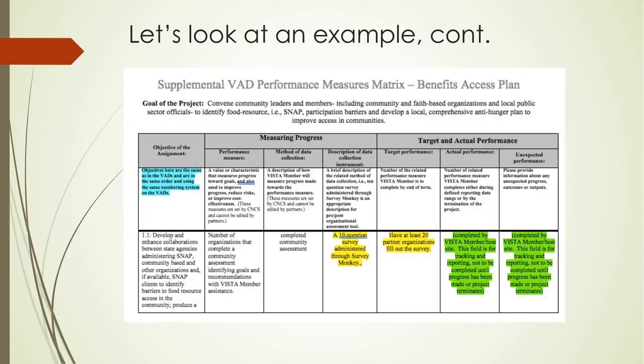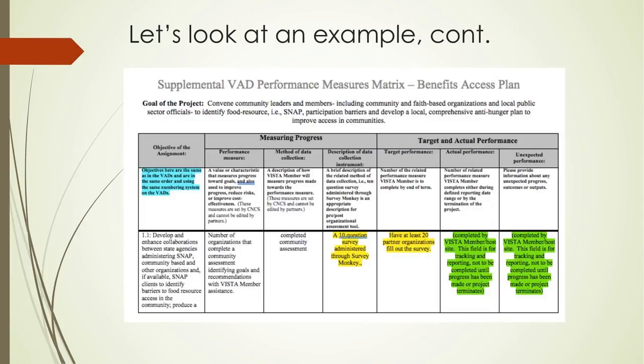And I filled out section 1.1 since it corresponds with the objective that we discussed earlier. And I just included the description of data collection, which I just used what was listed in the example above. So a 10-question survey administered through SurveyMonkey. And the target performance that I set for this imaginary VISTA was to have at least 20 partner organizations fill out the survey.